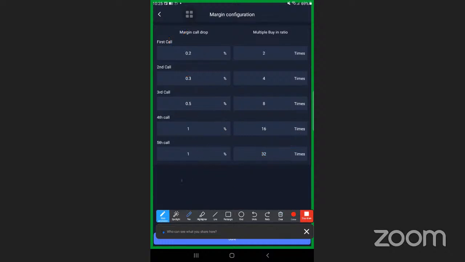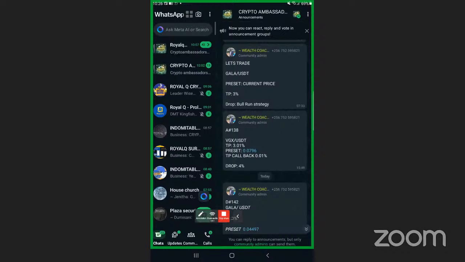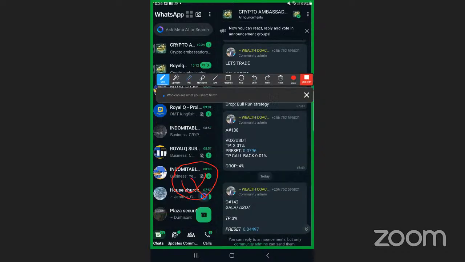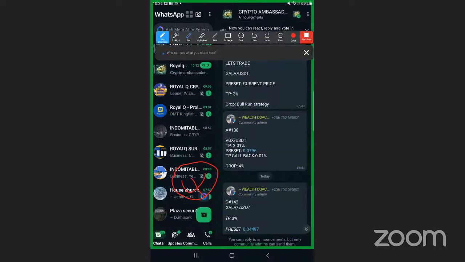So if they have given you 4 as a drop, let's go to our signal so that you understand very well what I am saying. Can you see this one? It says 4% drop. It means you take this 4 and divide by the number of margin calls, which is 5.